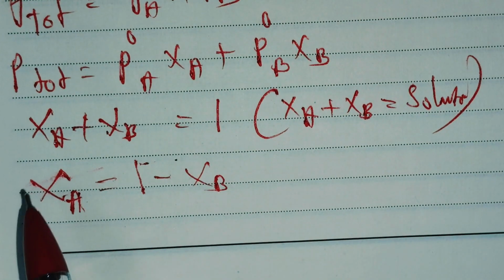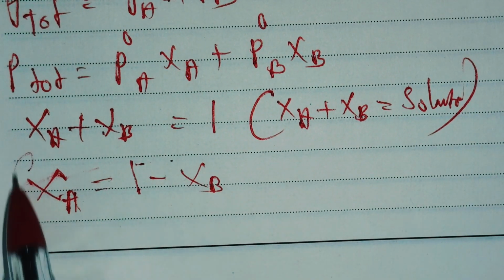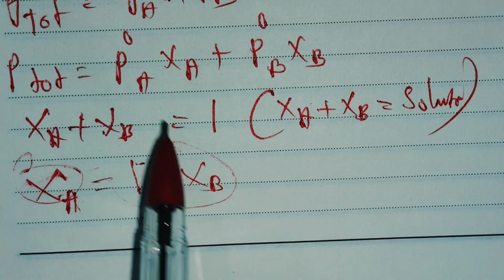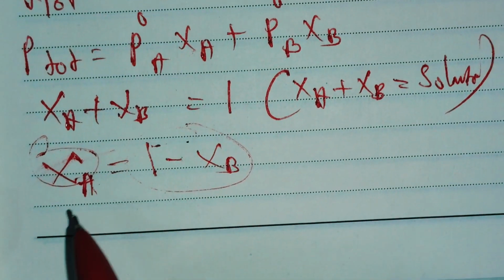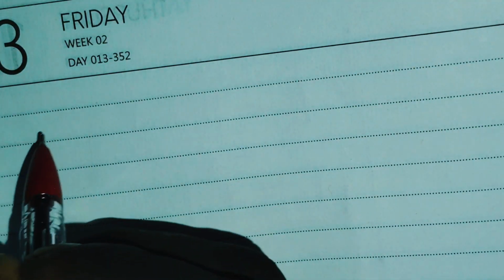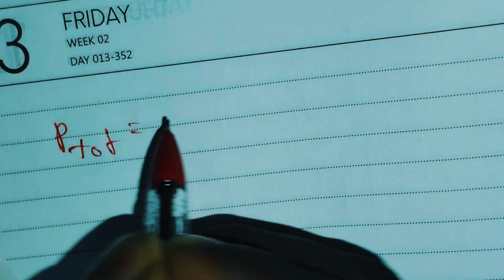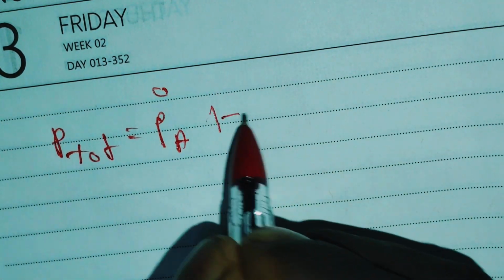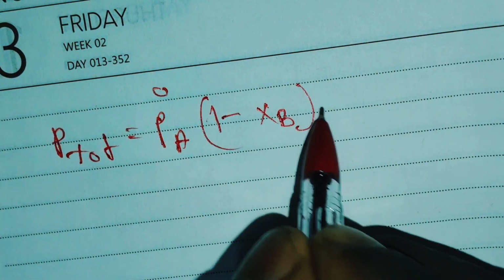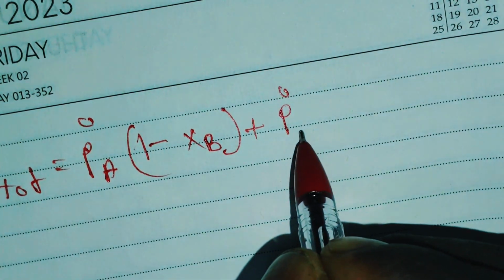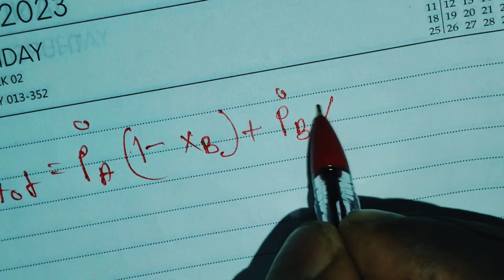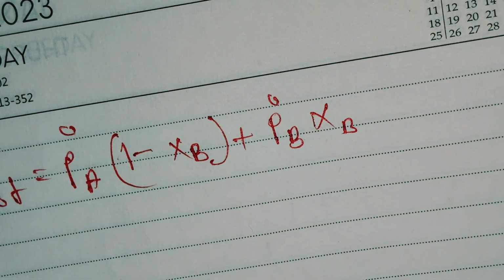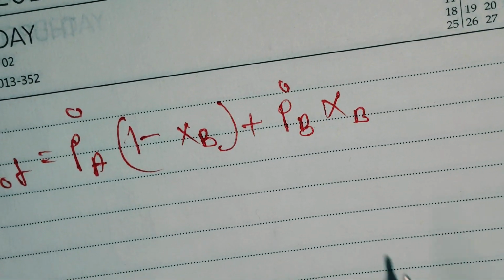Okay, now we substitute the X of A value here. So what we get is total pressure is equal to P naught of A times (1 minus X of B) plus P naught of B times X of B. Like that we can get it.